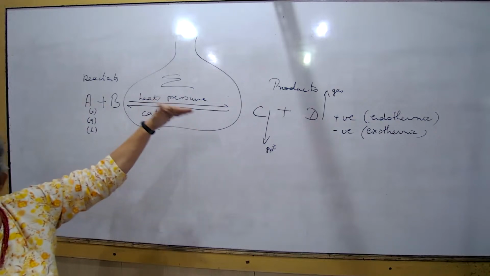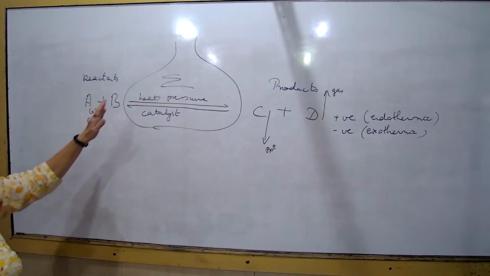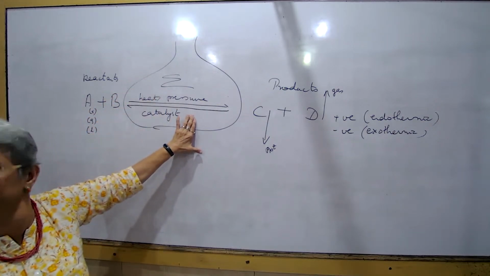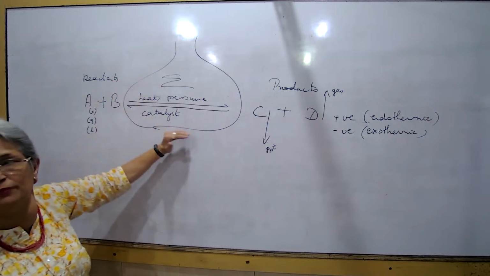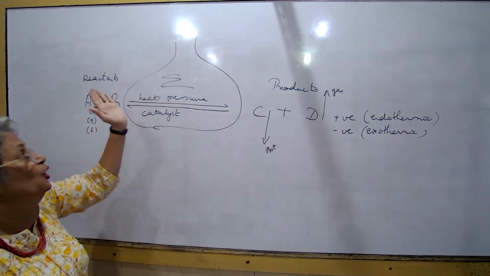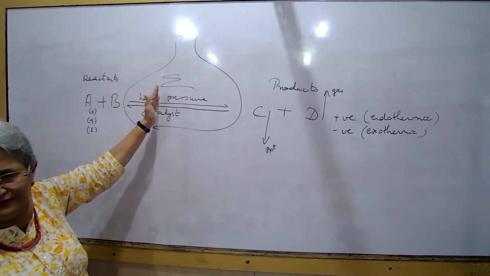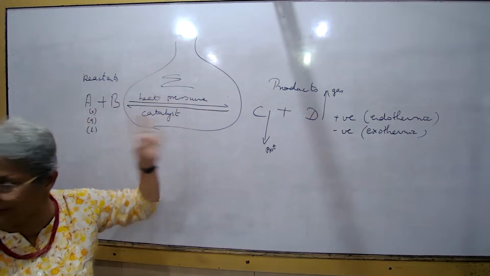arranged half-headed arrows. Then we write down the conditions that are used for the reaction to take place. If you use heat energy, all that is written above or below the arrow. Heat energy or pressure or catalyst or electricity, whatever energy we use in whatever form.